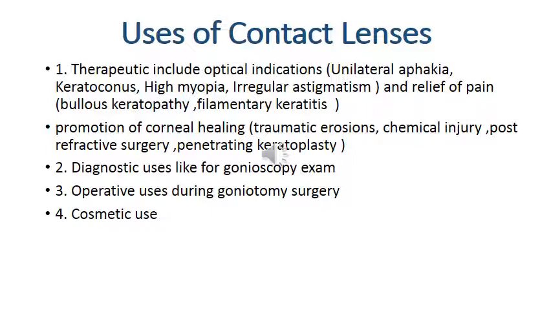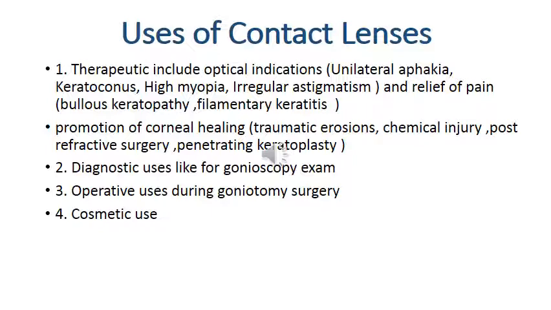One third of the refraction comes from the lens. When the lens is absent in aphakia, the eye is very weak, and you will need to prescribe a higher degree of glasses for that eye to correct the vision, and that will produce a phenomenon we call aniseikonia. So to avoid it in unilateral aphakia, you will have to prescribe contact lenses and not glasses.